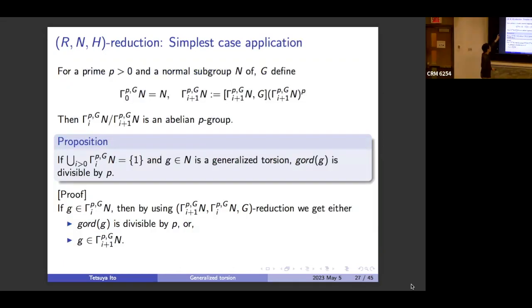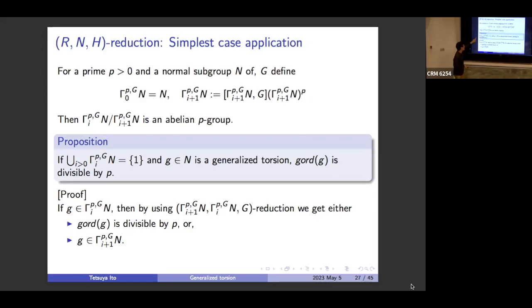For example, by taking a kind of lower central series, we iterate this kind of argument to get this. This roughly says that if a group is residually torsion-free nilpotent, or residually p with respect to Z, then its generalized torsion order is always divisible by p.